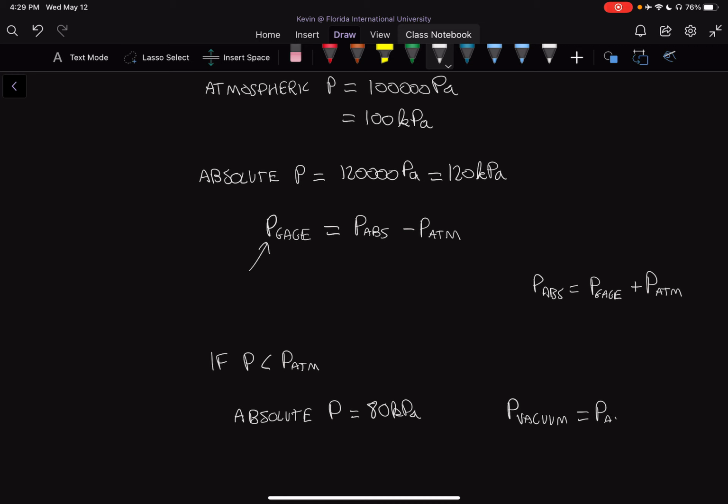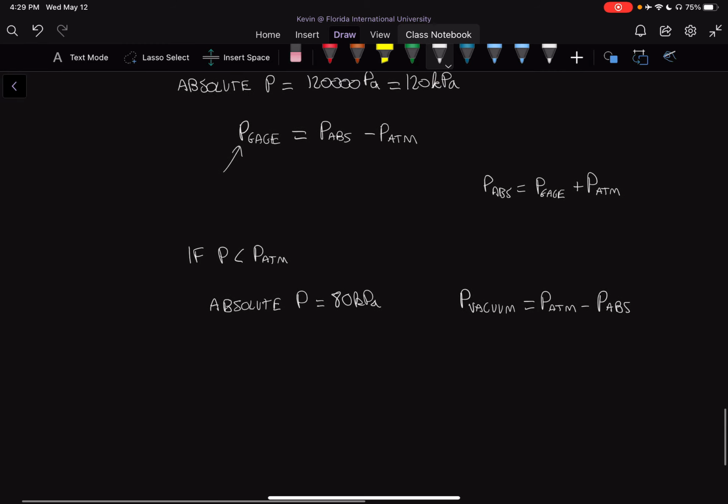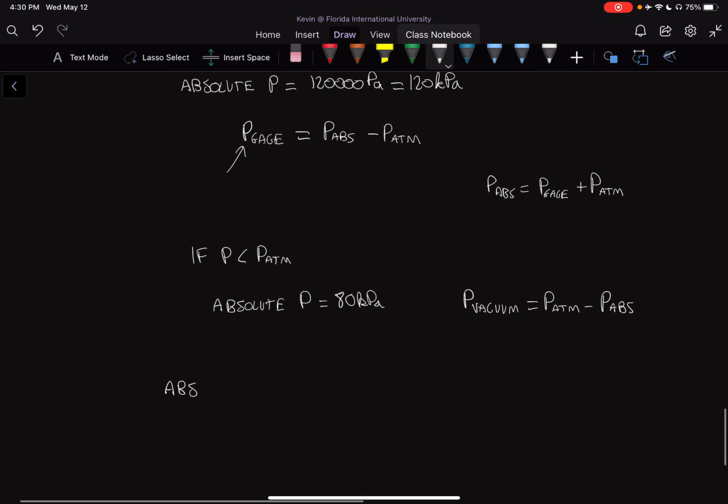And it's just P atmospheric minus P absolute. So you're measuring now a vacuum, which is less than atmospheric, but there's still a pressure. Absolute pressure cannot be negative. So there's no such thing as negative pressure.